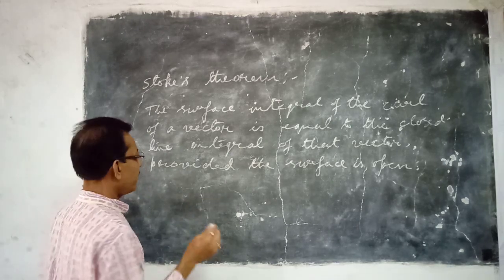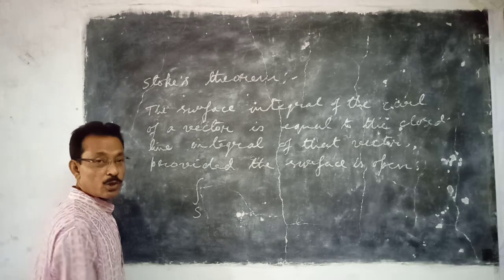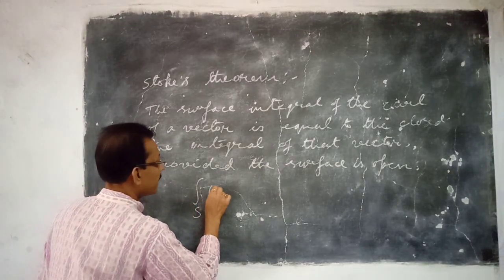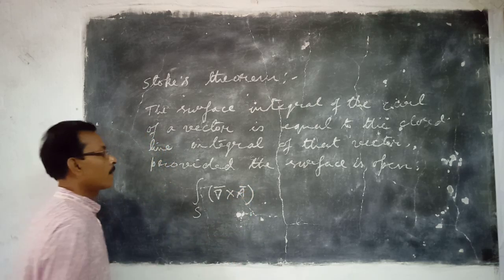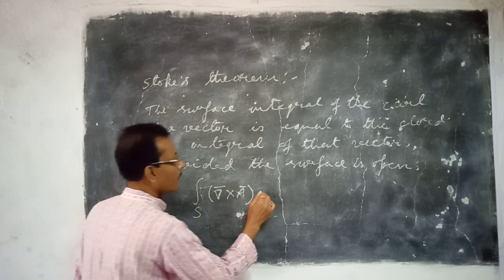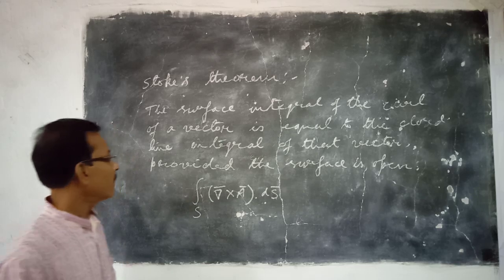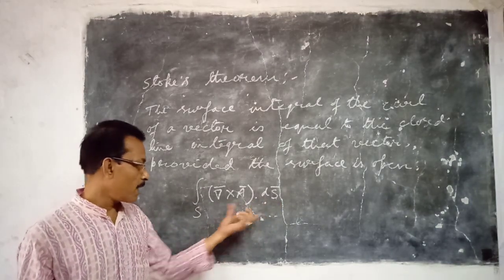Now suppose A is any vector, then the surface integral, now I am putting here a closed sign, this is an open surface. Surface integral of the curl of a vector, curl A dot ds. Curl of a vector is a vector quantity, surface is a vector quantity, dot product is a scalar quantity.